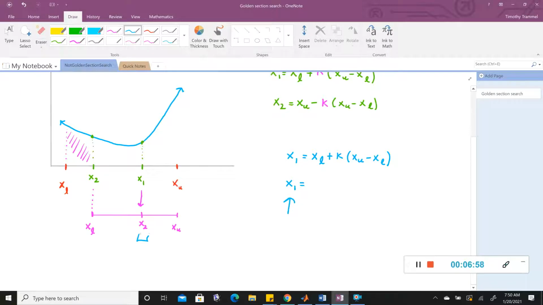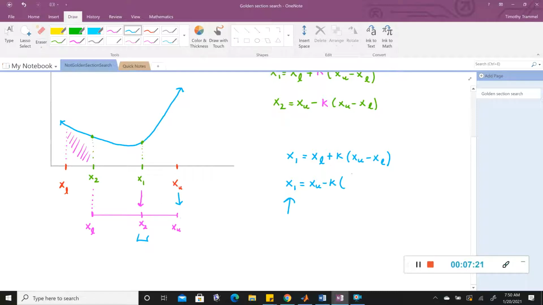Except I want you to think about this x1 here as our x2 for a minute. So if we were computing this x2 here, the idea is that we'd want to take x upper, which note hasn't changed. So I'm going to write in here x upper minus k, and then I want you to note how to compute the length of this pink interval.